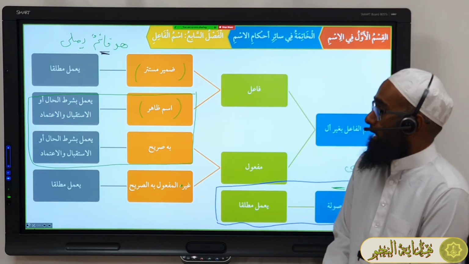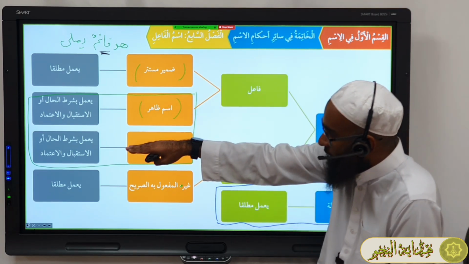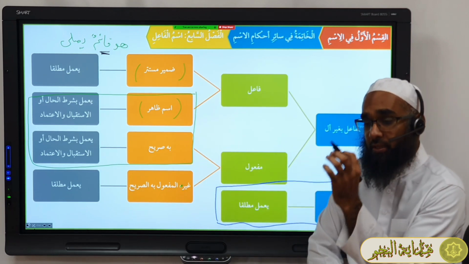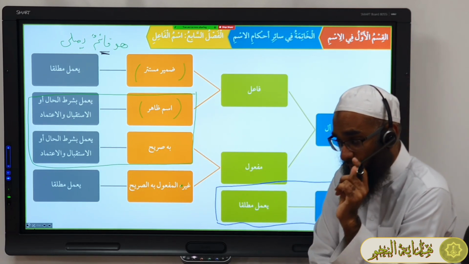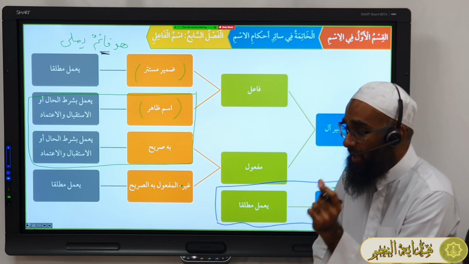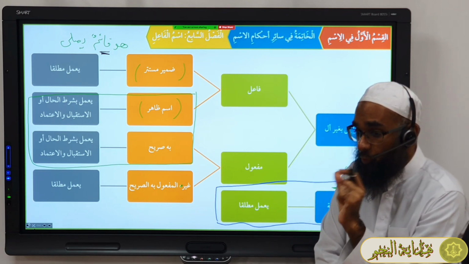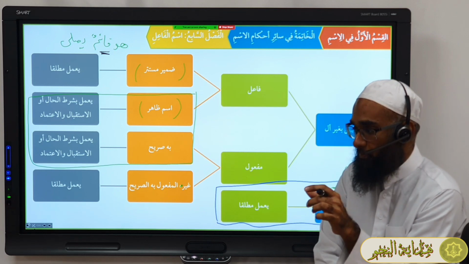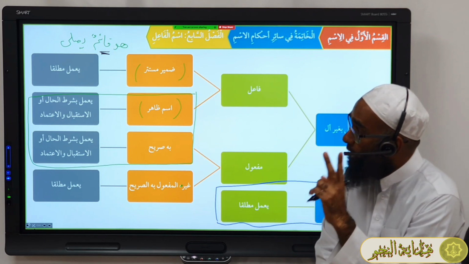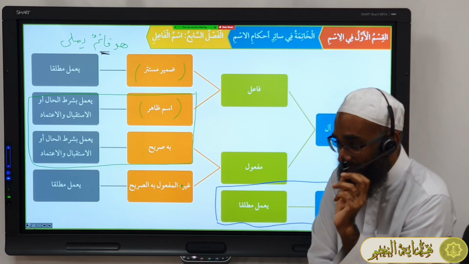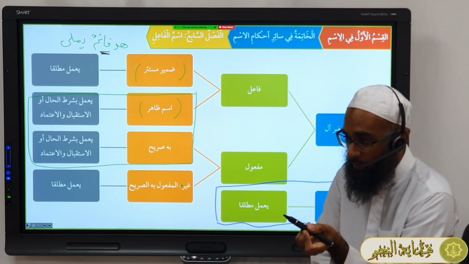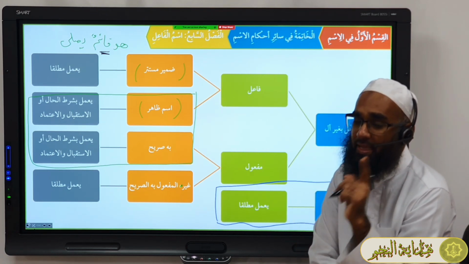Yeah? Now the next two have the same conditions. If the ismul fa'il is to have its own fa'il as an ismul zahir, or if the fa'il is to have a maf'ul bihi sarih, meaning as a mansoob, yes? Then there are two conditions. Condition number one, it either has to have the present tense or future tense meaning, number one, or number two, it has to have i'timad.